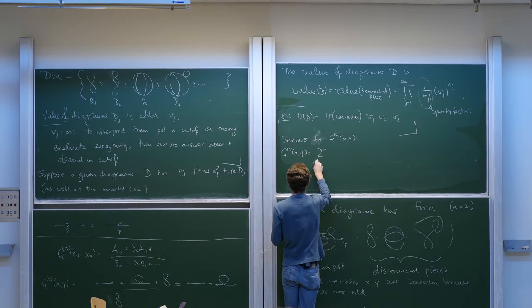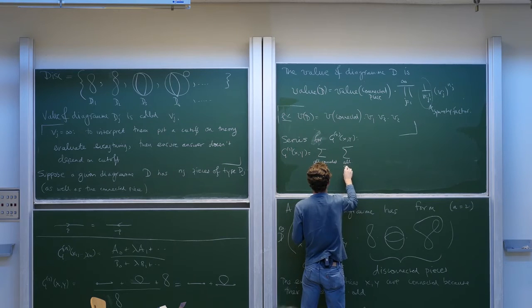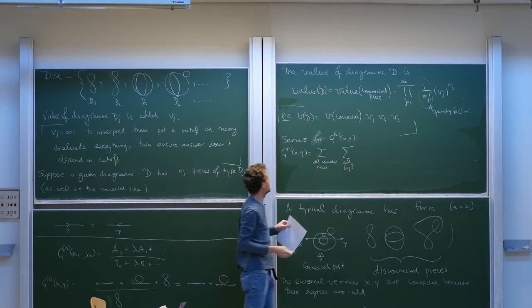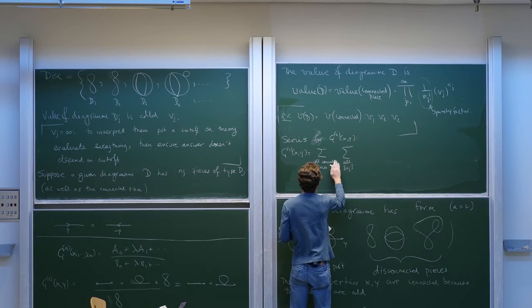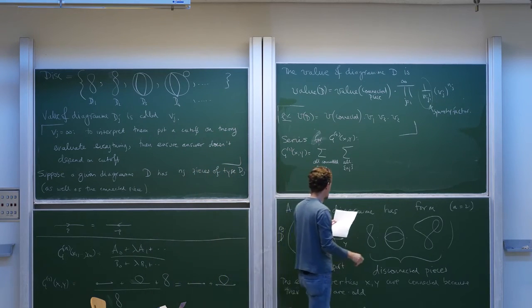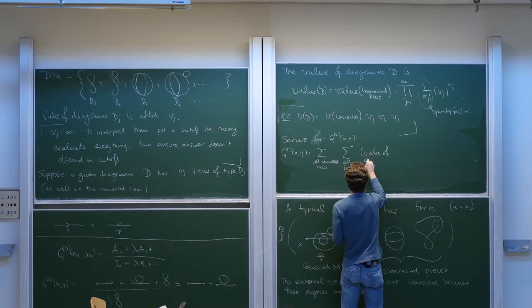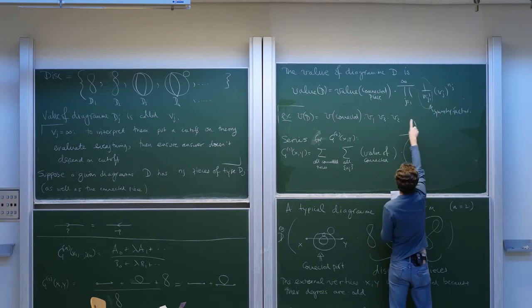No, not the sum of all diagrams, but another way of saying that is it's the sum of all connected pieces, this is meant to say connected, multiplied by the sum of all disconnected pieces times the value. And the value we've agreed for a given diagram is this thing up there.